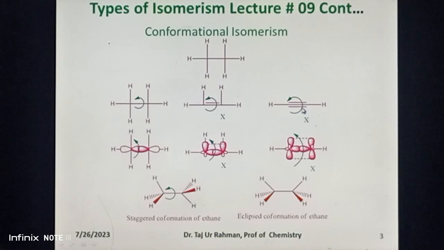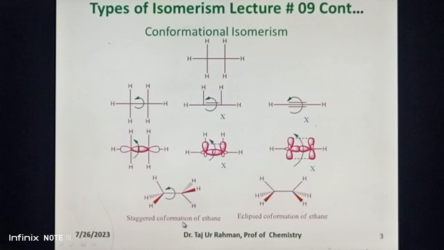Conformational isomerism is not possible in these molecules as they contain double and triple bonds between the carbon-carbon atoms. They have restricted rotation due to the presence of pi bonds, and hence the bond will break if sufficient energy is provided to the molecules to rotate.